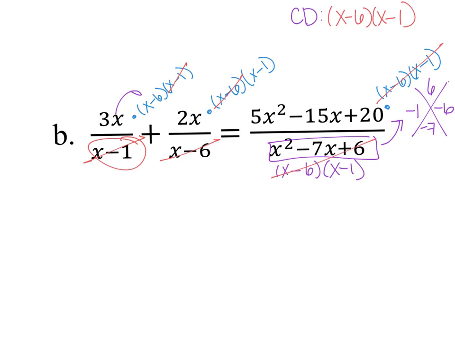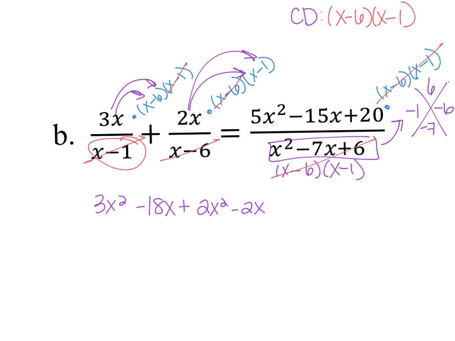So when I distribute, I get 3x times x, which is 3x squared, and then 3x times negative 6, which is negative 18x, then plus 2x times x, which is 2x squared, and then 2x times negative 1, which is negative 2x.